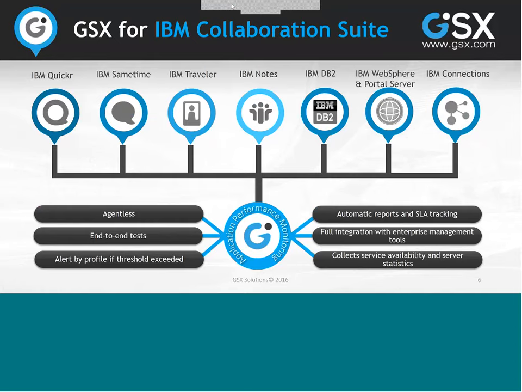So from one single dashboard in GSX, and again, our customers know that already, and people that don't know us, you will see that in a few minutes. So from that single dashboard, you can monitor all these applications without installing any code on any server. So GSX provides you with an agentless technology that will never impact the server or the network. The purpose is to help you provide the best possible services to your end user and not to impact it.